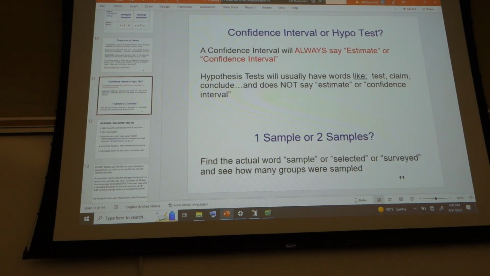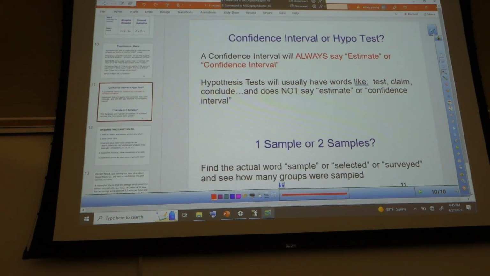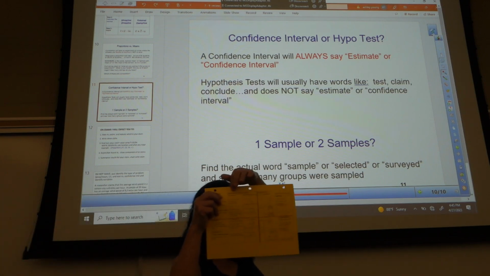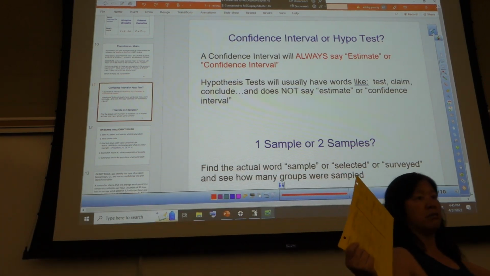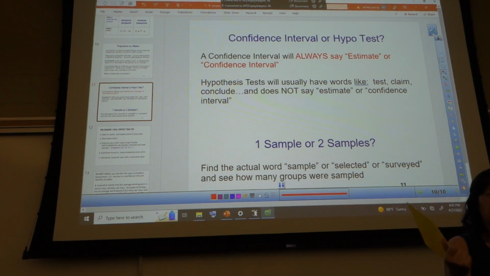How to tell if it's a confidence interval? Confidence interval always, always, always says estimate or confidence interval. It has to give you one of those two. If you look on your yellow sheet, what does it say on the left-hand side under the title? Right here. It says estimate, in parentheses, confidence interval.